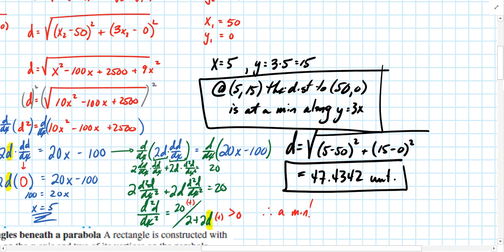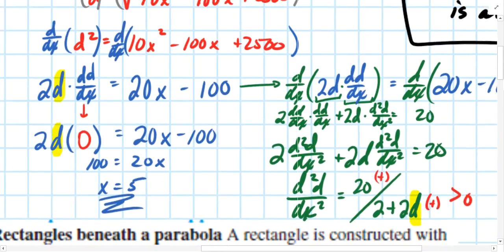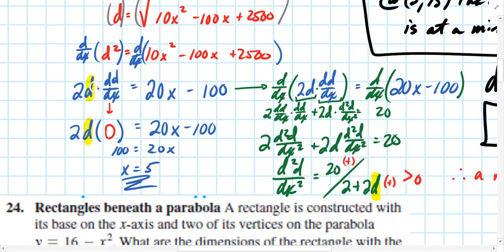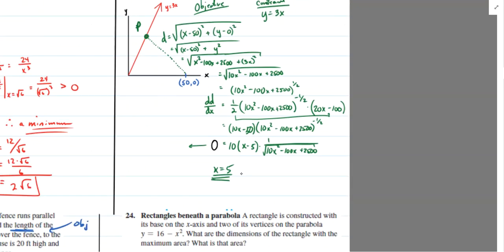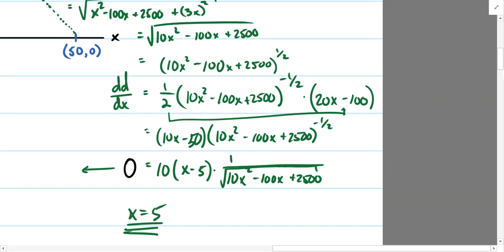Now, the alternative to using this implicit differentiation, I know some of you may have gotten either a little confused or sidetracked from here. The alternative, of course, was to do what I said before and call this the quantity 10x squared minus 100x plus 2500, that group raised to the 1/2 power. And I did work through that in a set of notes in the past.